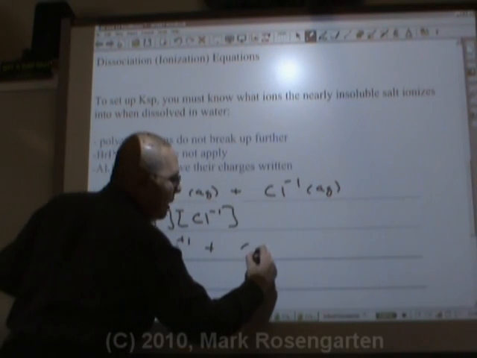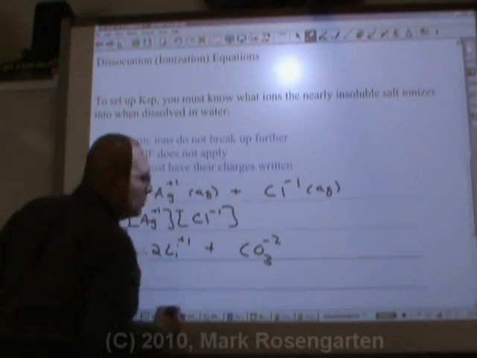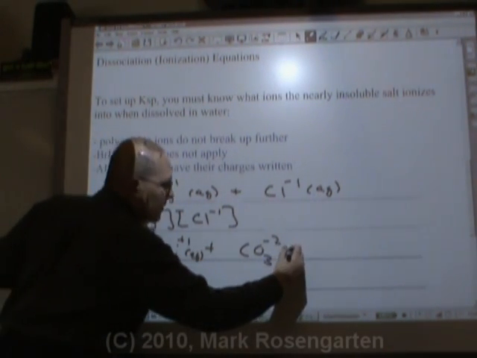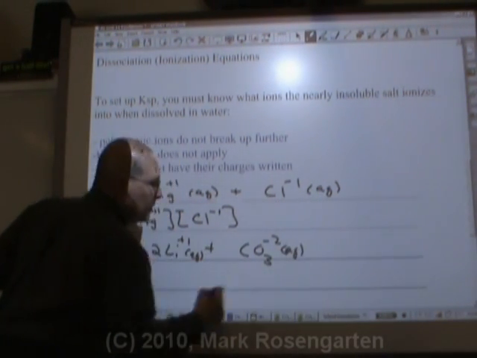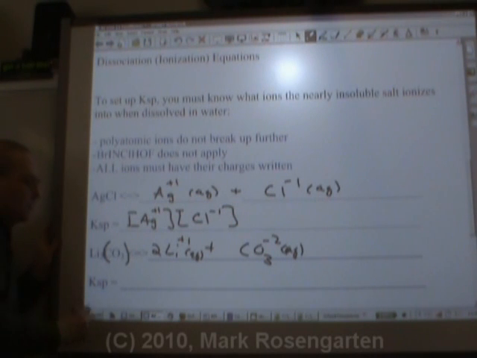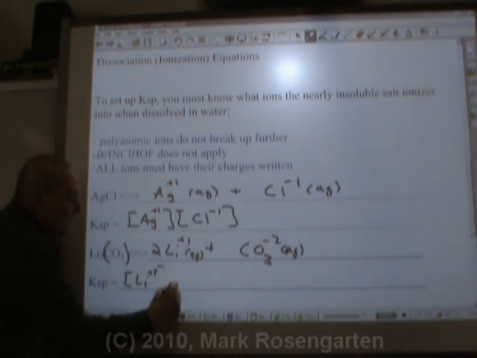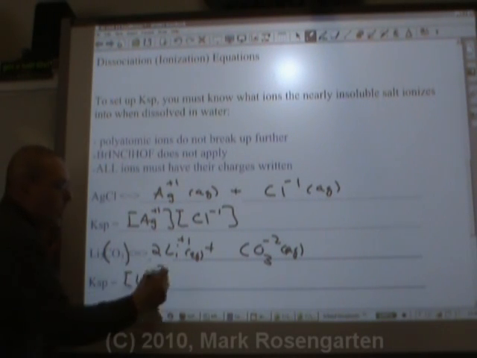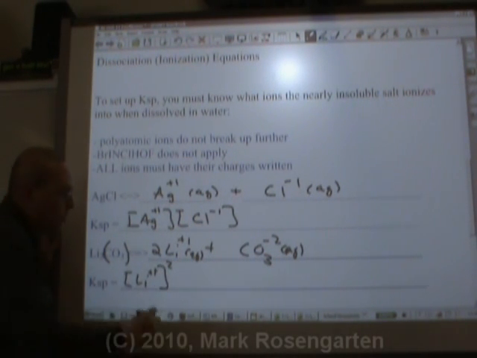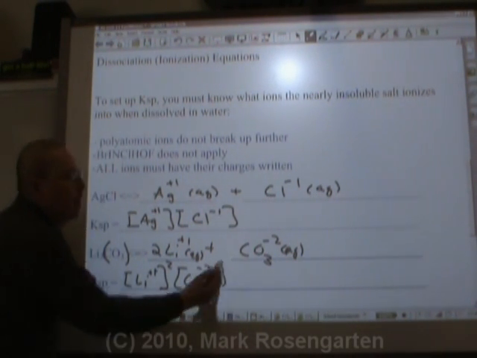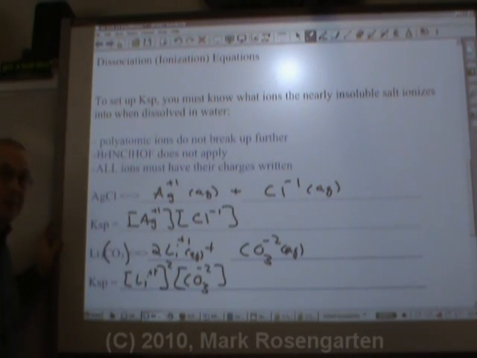So the carbonate will remain in one piece when it's dissolved in the water, and they will both be aqueous. So when we set up the Ksp expression, we'll have Li plus 1, and since there is a coefficient of 2, that becomes an exponent of 2, times CO3 minus 2. No coefficient, no exponent. And that's how you would set up the Ksp equation for lithium carbonate.